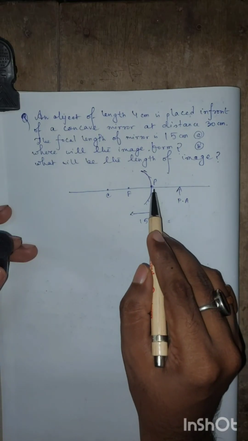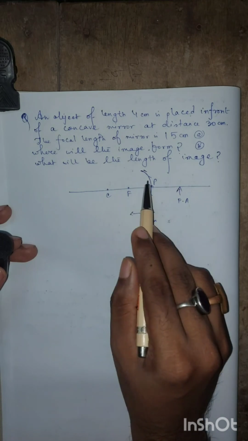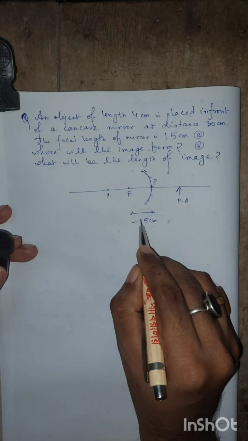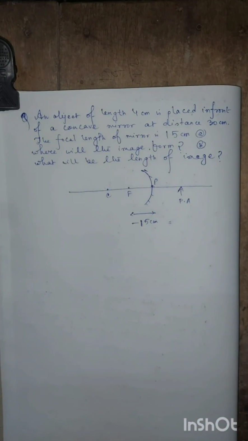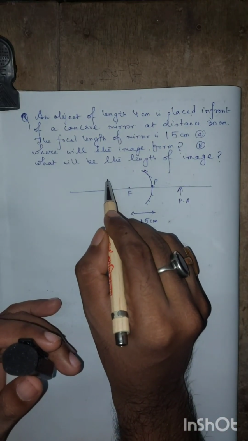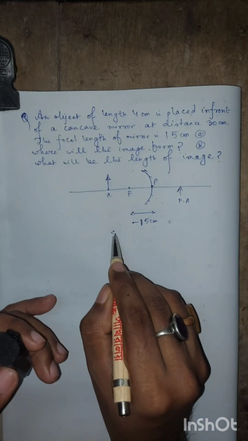But as the focal length is being measured from the pole opposite to the direction of incident light, it should be taken negative. So the magnitude of distance of focus and pole is 15 centimeter, and the object is placed at 30 centimeter. That means the object is placed at the center of curvature.